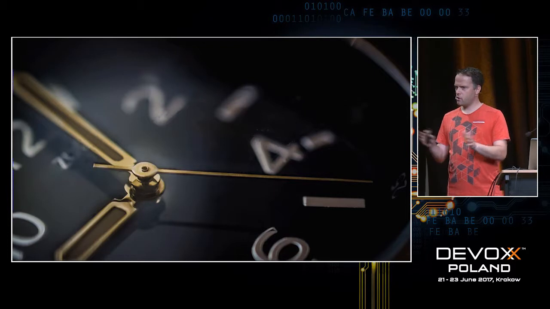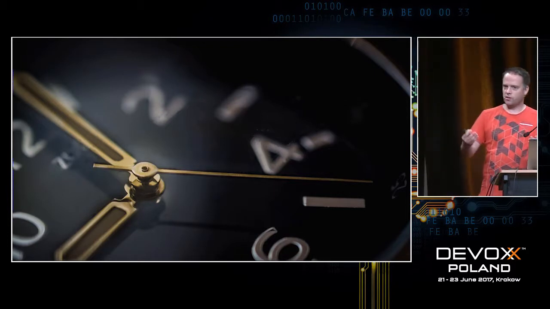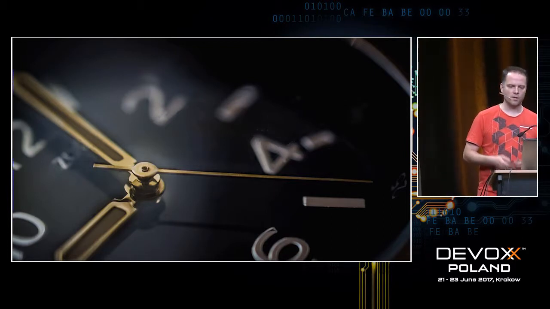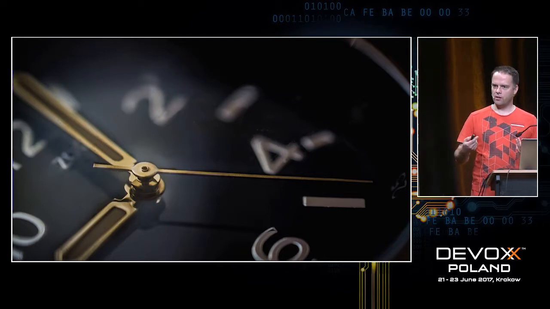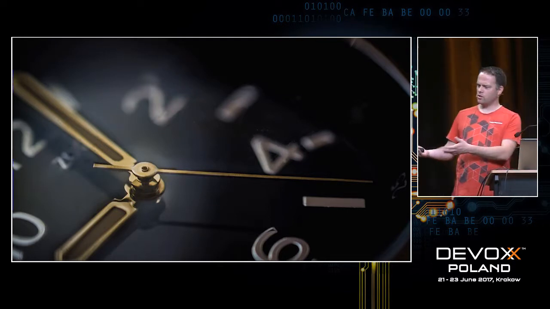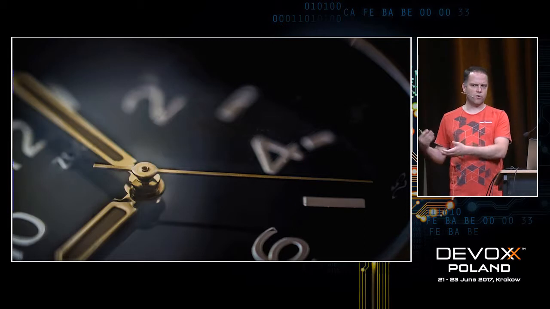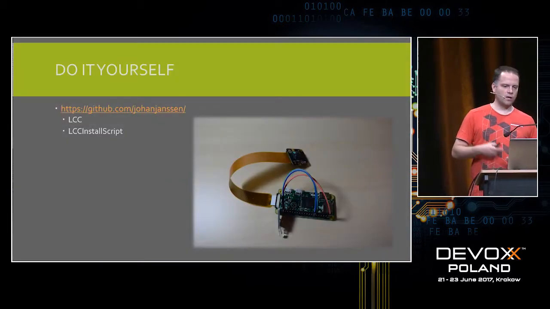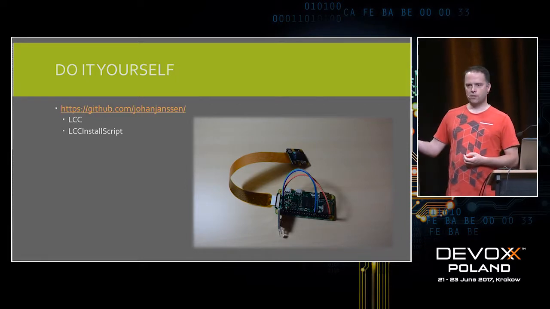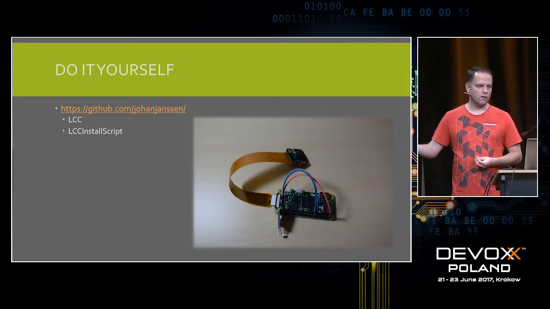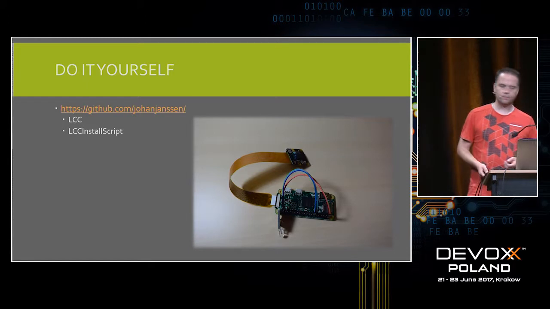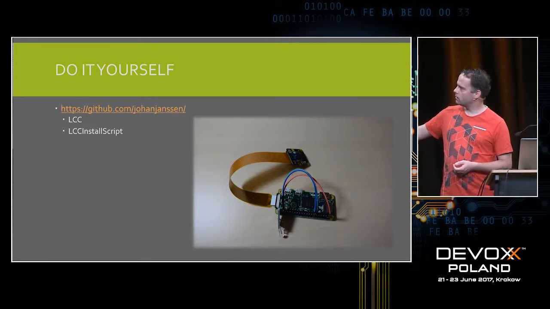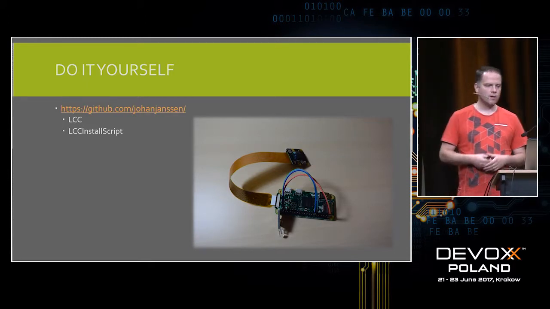So this is a nice demo, and maybe you want to get started. You know already what hardware you need to buy, but how can you get the software up and running? The software we are using is a bit complicated and written in a rush, so we didn't really want to open source it. But what I did is I rewrote the basic parts, so to control everything in a Spring Boot application, the LCC application, and I made a script.